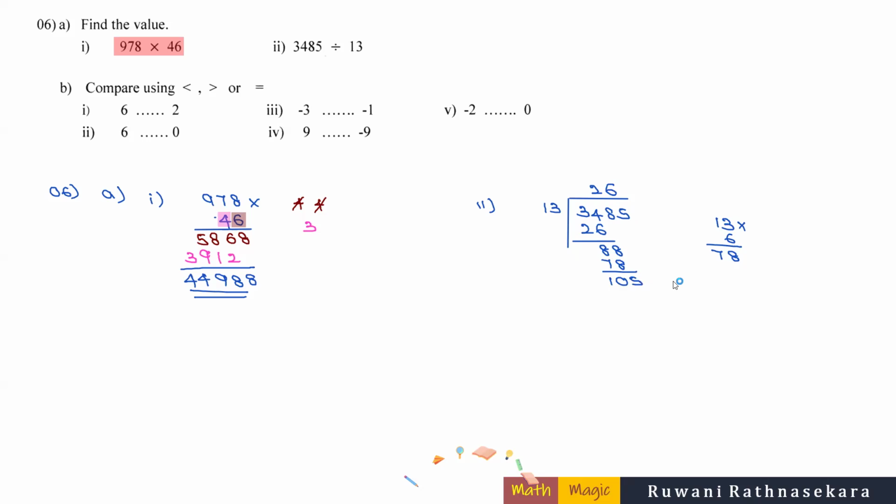For 105, continue multiplying a few more 13s to find how many 13s are there for 105. Actually, there are 8 13s. Sorry, 8 13s. 13 times 8 is equal to 104. Right? It's 104. I think you also got the same answer.